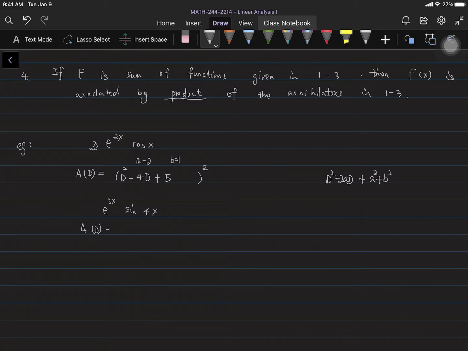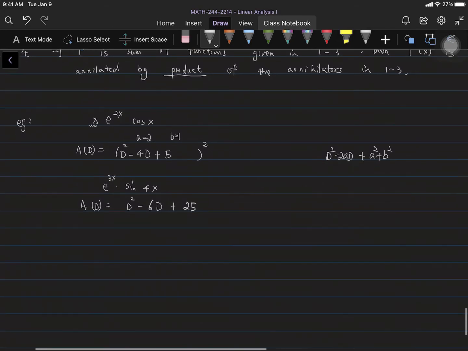So what is a? a should be 3, so minus 6D plus a squared plus b squared, which is 9 plus 16, which is 25. Just like this. And because there's no x in front, this is just a power of 1. If there is x squared in front, we do the power 3, the (k plus 1) power. So just something like that.